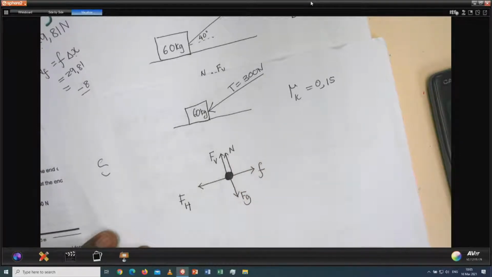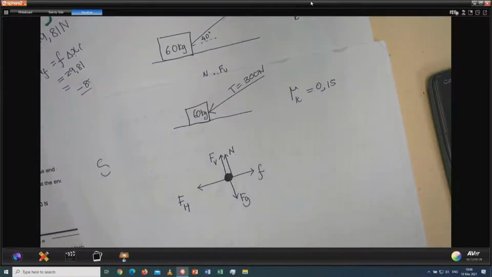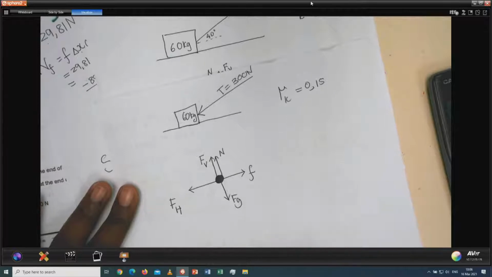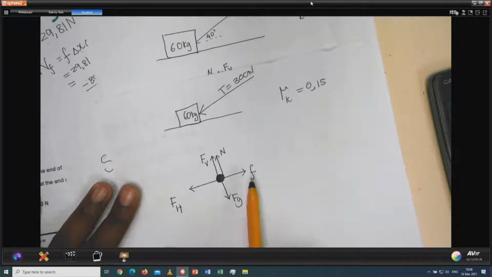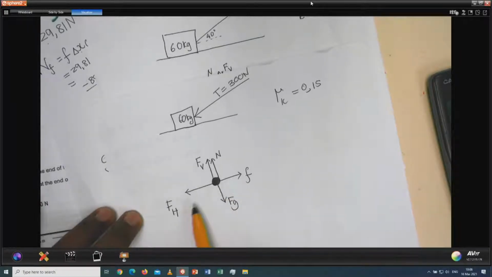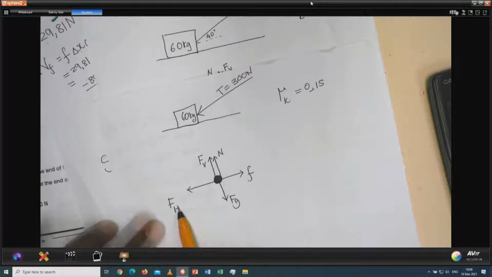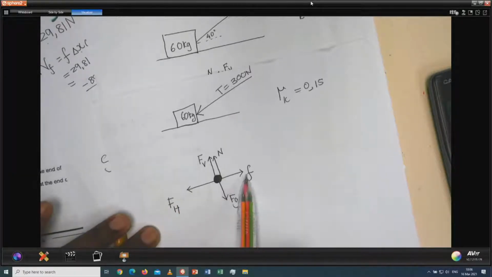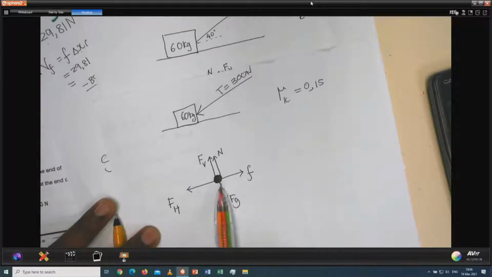Now, I want you to get into this habit when you are drawing your free body diagram: define the forces. Frictional force, the force that opposes: here is our horizontal component going to the right, so frictional force is going to the left.